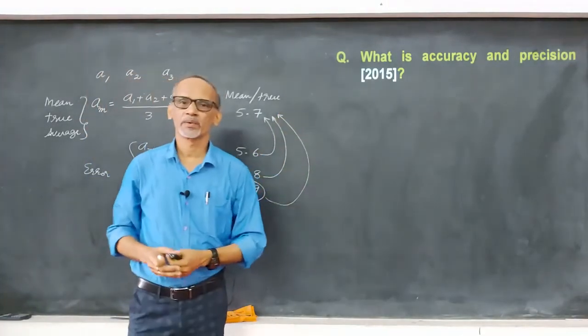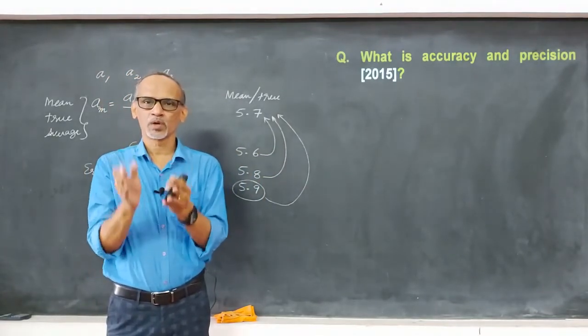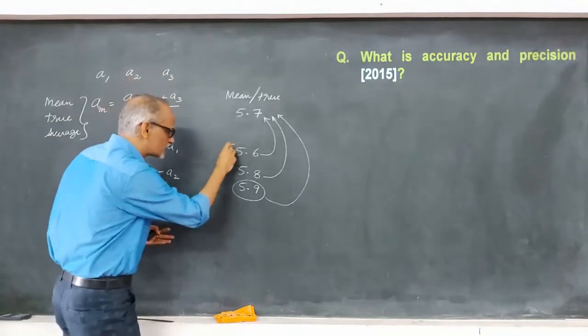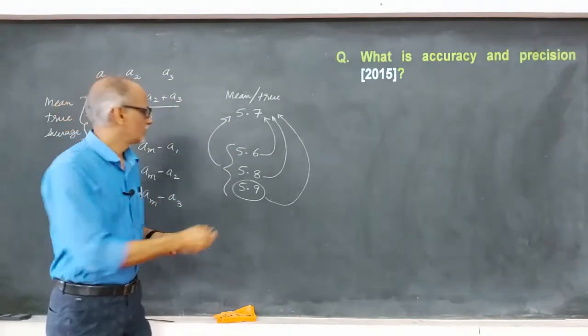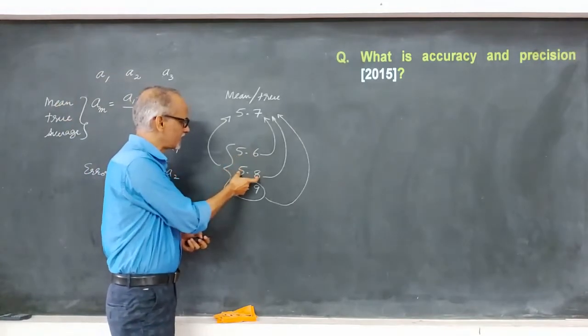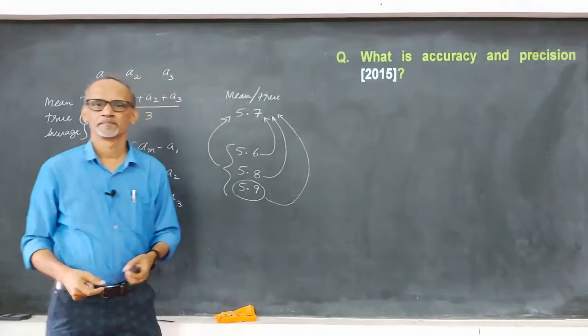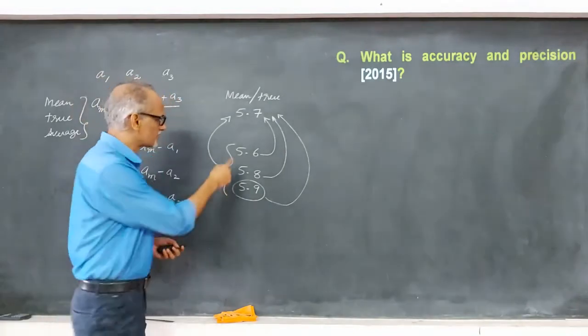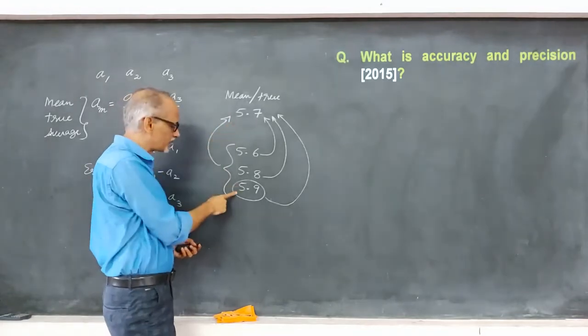So, what is accuracy? Accuracy indicates how close the measured value is to the true value. Out of these, 5.6 and 5.8 are more accurate than 5.9. Why? Because 5.6 and 5.8 are very close compared to 5.9.